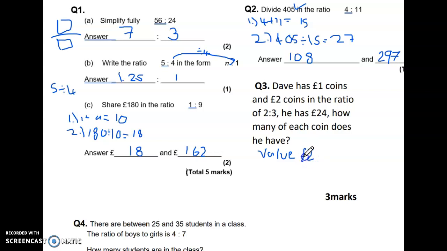Right, because he's got £2 coins. And then if he's got 3 lots of £2 coins, he's got 6 there. So we've got 2 to 6 as a ratio.